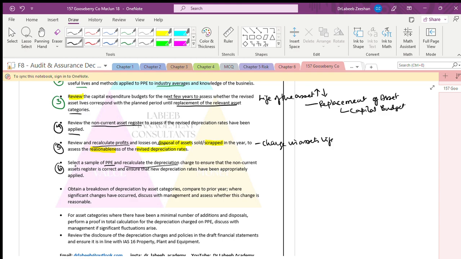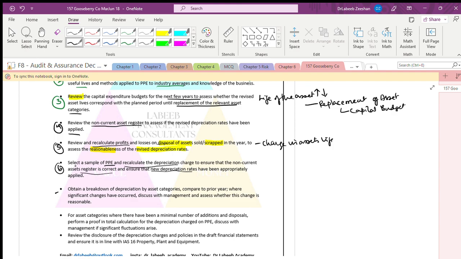Recalculate the depreciation charge to make sure that it has been done as per the non-current asset register, and ensure that the new depreciation rates have been appropriately applied.